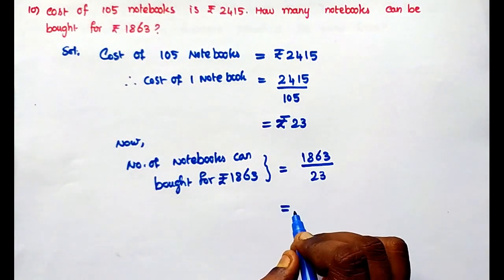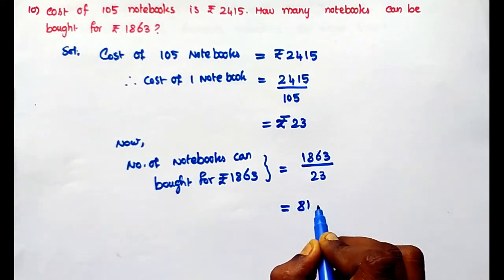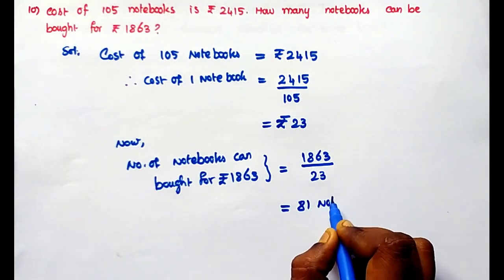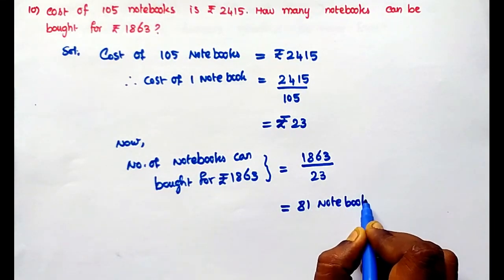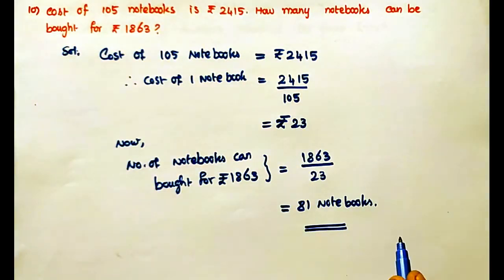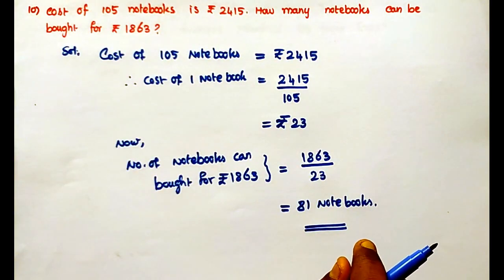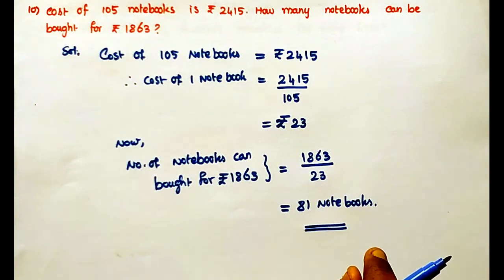Dividing, we get 81 notebooks we can buy from the money 1863. That is the answer.